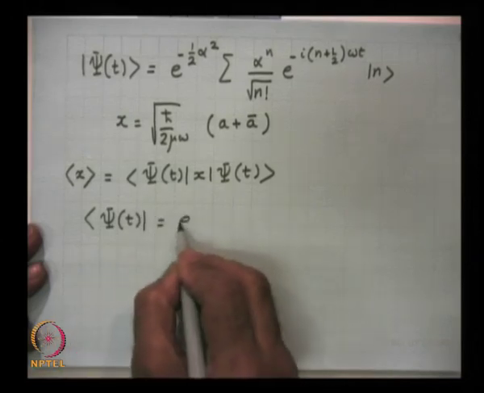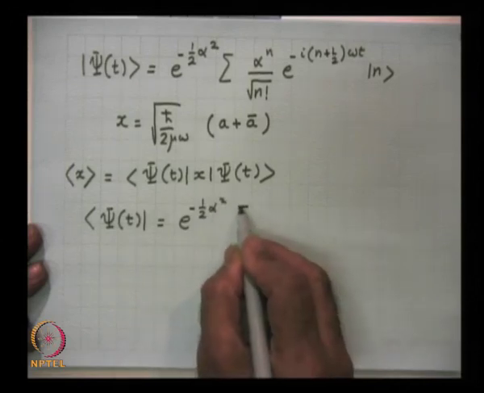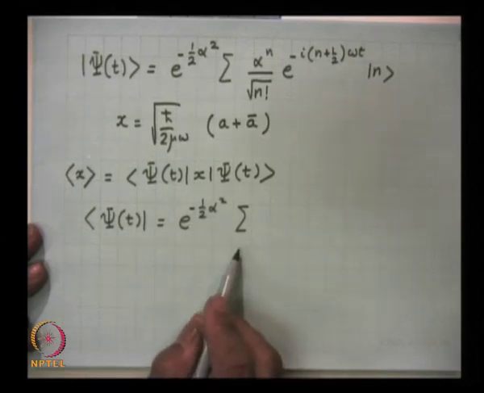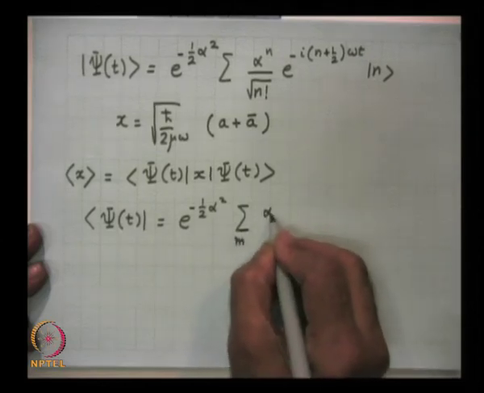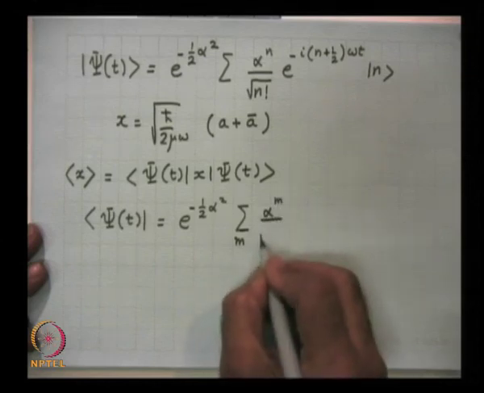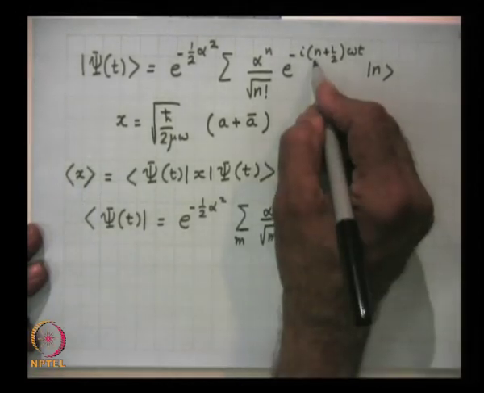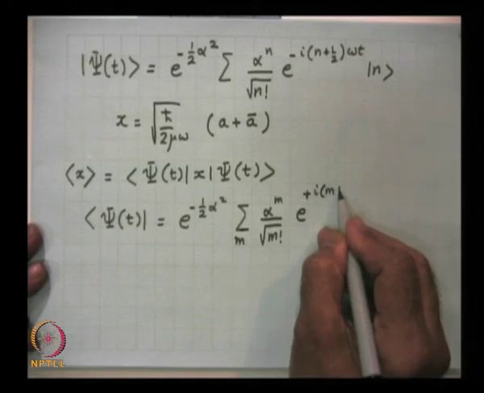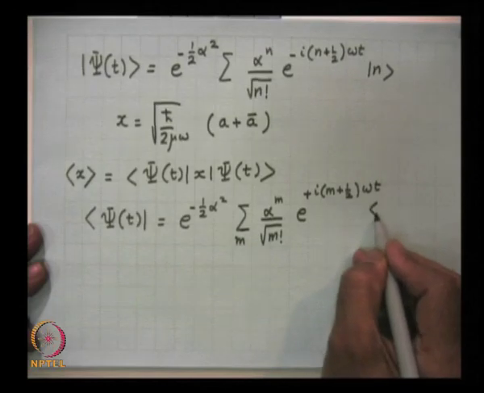So, e to the power of minus half alpha square, let us do this a little carefully. Since I will be using both n and m, these two summations will get mixed up. So, let me write down the summation over m: alpha to the power of m by square root of m factorial, e to the power of, the complex conjugate of that, plus i (m plus half) omega t, and then bra m.